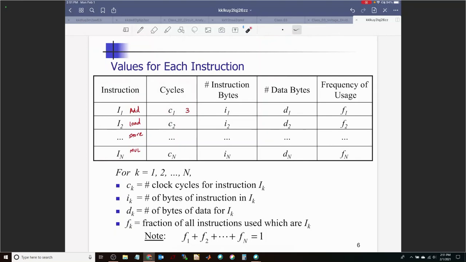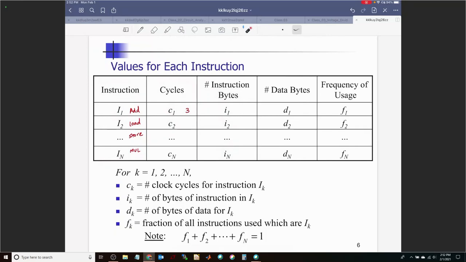Next, number of instruction bytes. These are I1 bytes for that particular add instruction, I2 bytes for the load instruction, In bytes for the multiplication instruction. In general, I have small i to indicate the number of bytes for the capital Ith instruction.